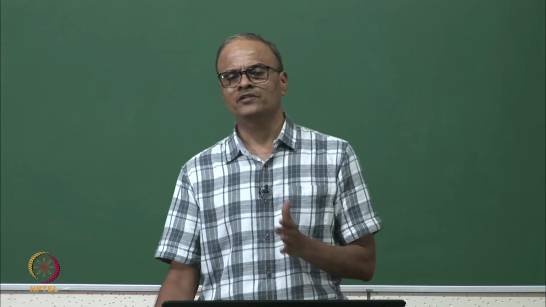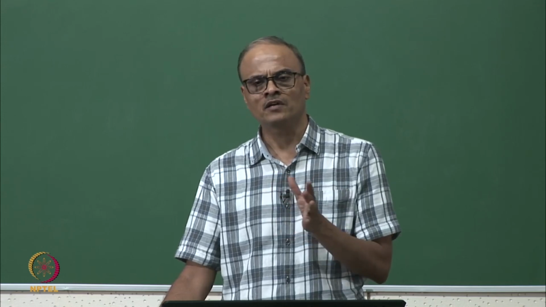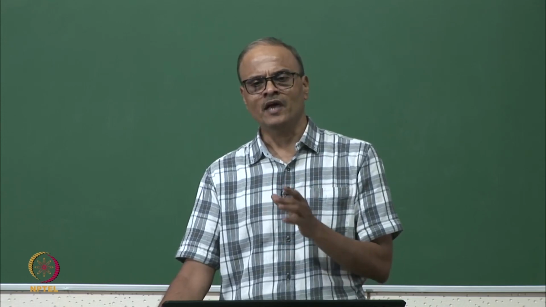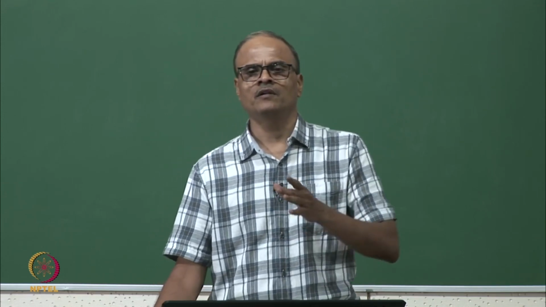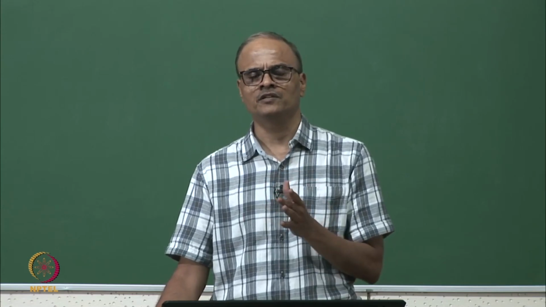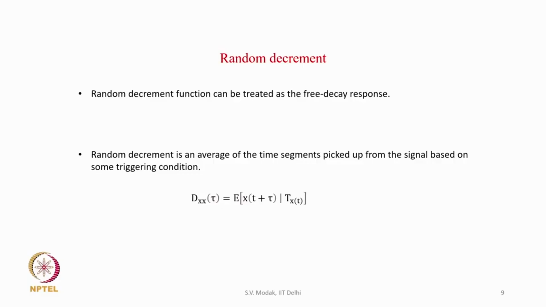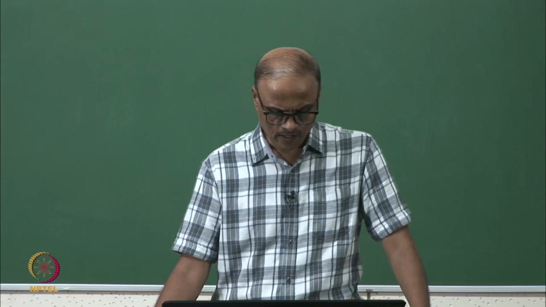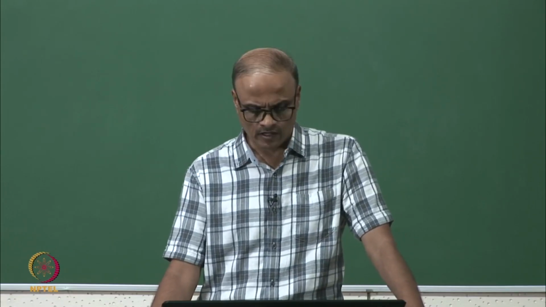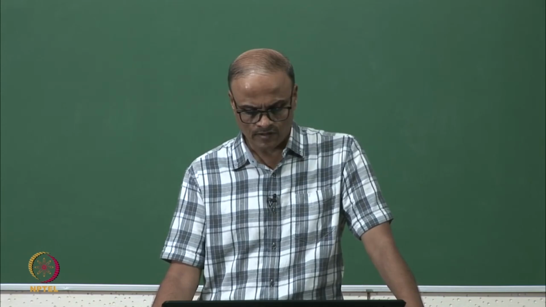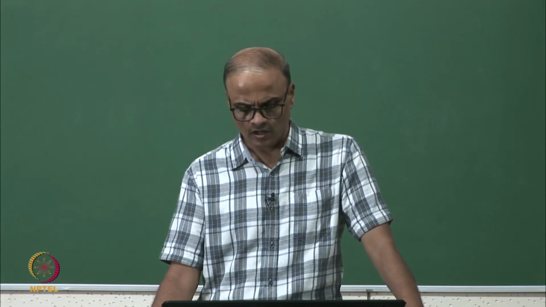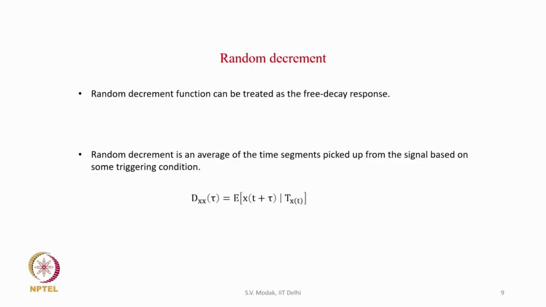So, random decrement essentially picks up certain time segments from a random time history utilizing a certain triggering condition, and these time segments are then averaged, and it is seen that the averaged time history corresponds to the free decay response of the structure. The random decrement D_xx(tau) is defined as the expected value of the time segments x(t plus tau) chosen when the triggering condition T on x(t) is satisfied.